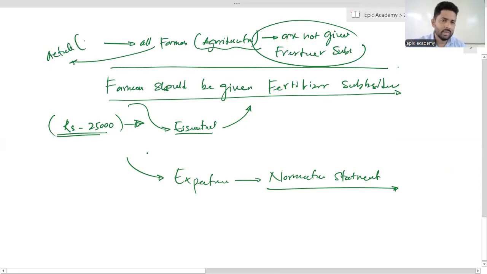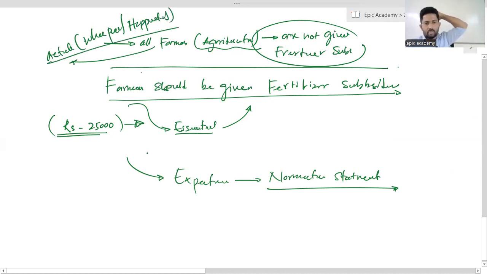Or you can say, what happened? What is happening? But the person who made the statement expects something different from the actual situation.